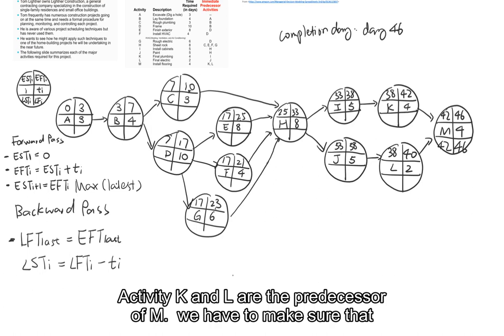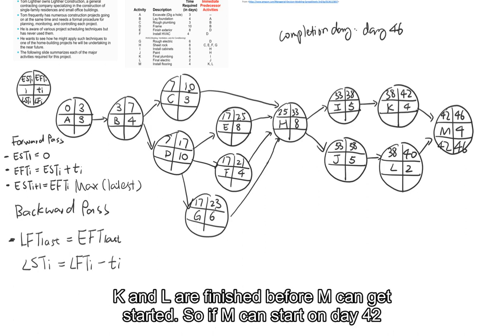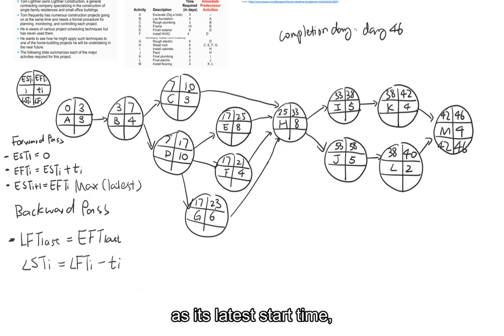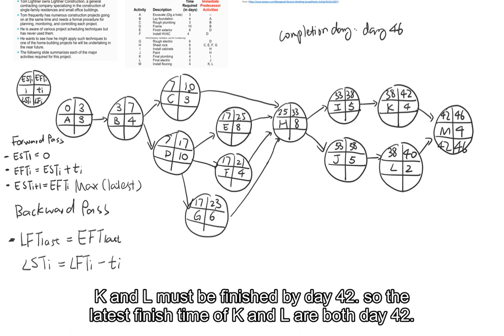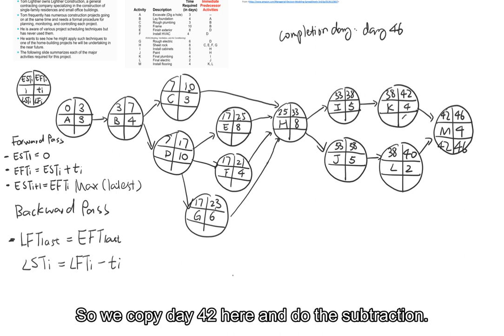Activity K and L are the predecessors of M, and we have to make sure that K and L are finished before M can get started. So if M can start on day 42 as its latest start time, K and L must be finished by day 42. And the latest finish time of K and L are both day 42.